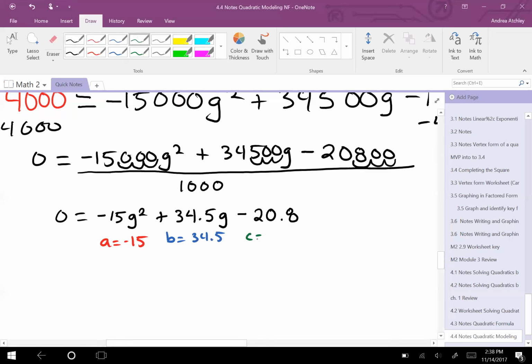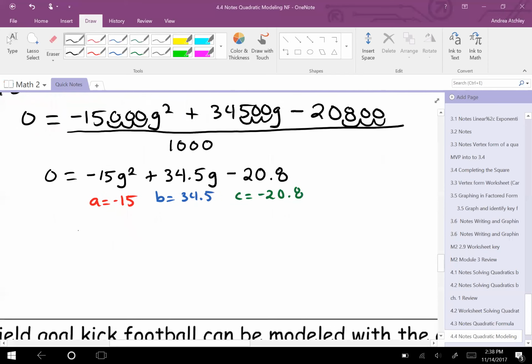And my C value is negative 20.8. And I plug it into x equals negative b plus or minus square root b squared minus 4ac all over 2a. Super amazing, right?